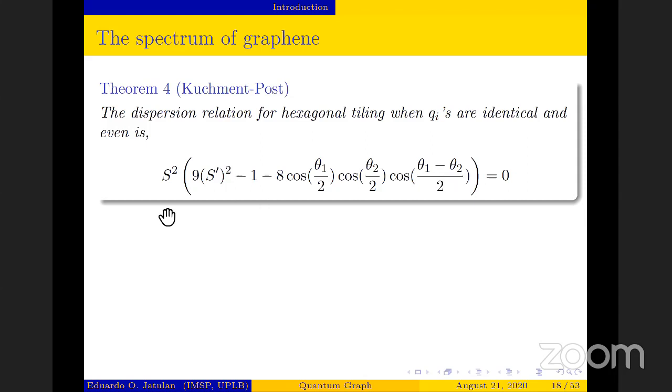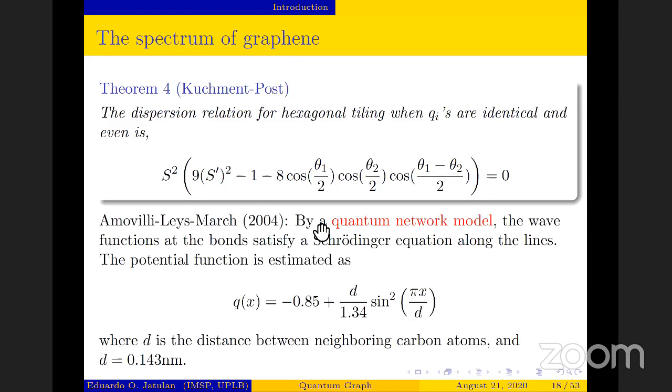I want to emphasize this one. The chemists Amovilli, Leys, and March in 2004, using the quantum network model, estimated the potential function along the edges of this hexagonal tiling to be equal to this function: Q(x) equals negative 0.85 plus d over 1.34 sine squared of pi x over d.